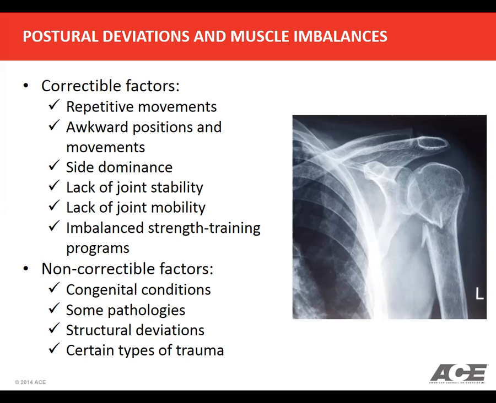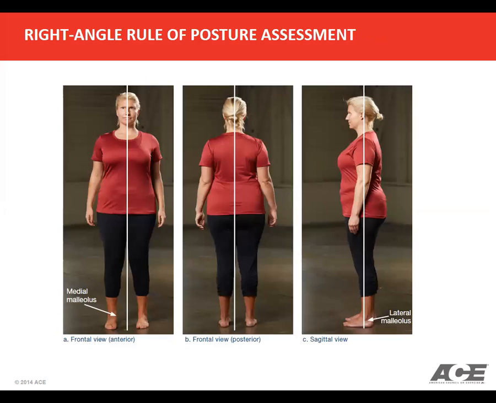But again, that's, yeah, we can, the last three, for sure. Repetitive movements, it's just going to depend on what they do. Congenital conditions, yeah, there's not much we can do there. Some pathologies, some structural deviations, certain types of trauma, no, we will not be able to help correct.